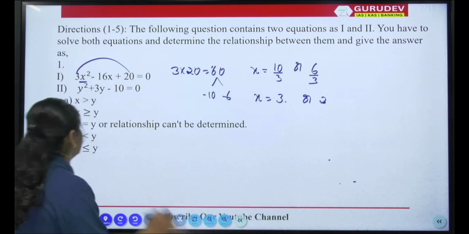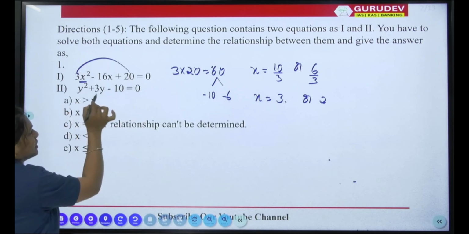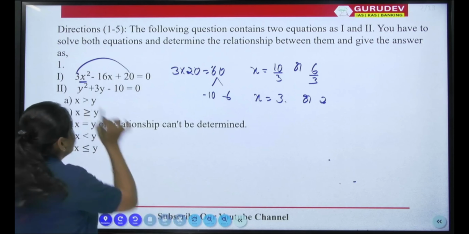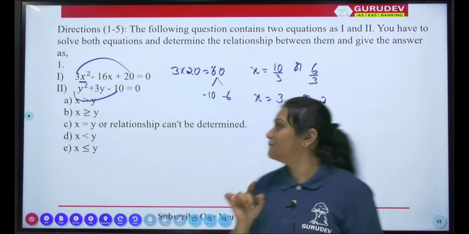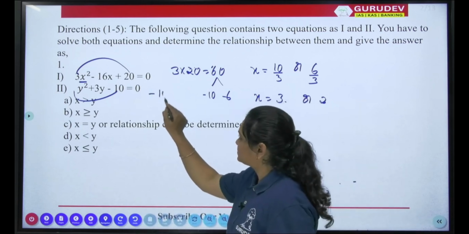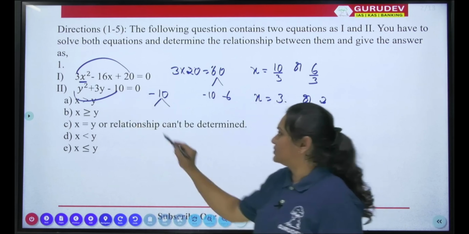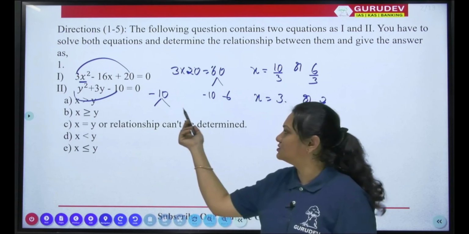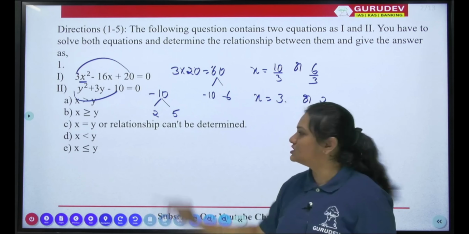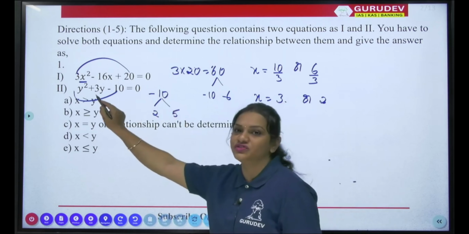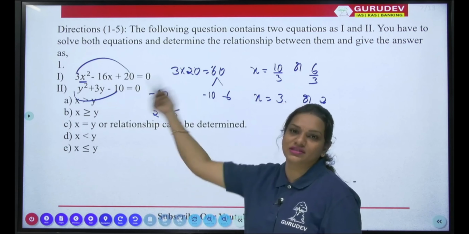Similarly, the second equation: y square plus 3y minus 10. If I multiply the constant with the coefficient of y square, we get minus 10. Take factors in such a way that we get 3. If I take 10 and 1, it is not possible, so we take 2 and 5. 2 into 5 is 10, and we should get plus 3, so 5 minus 2 gives plus 3.